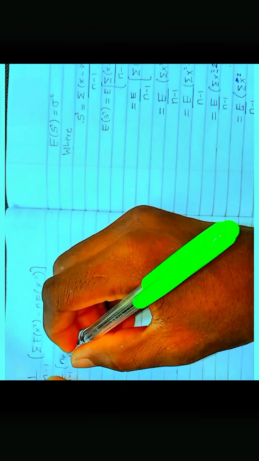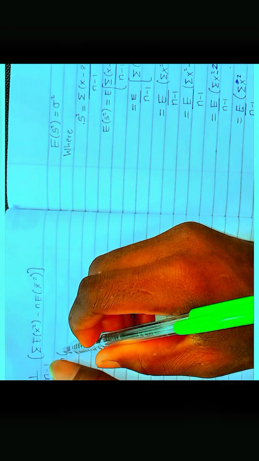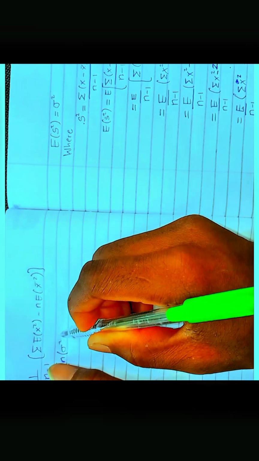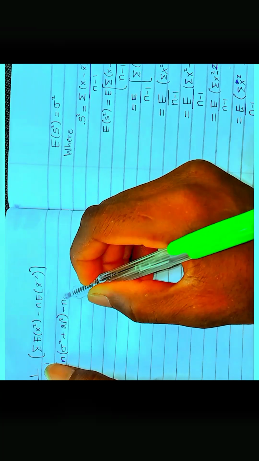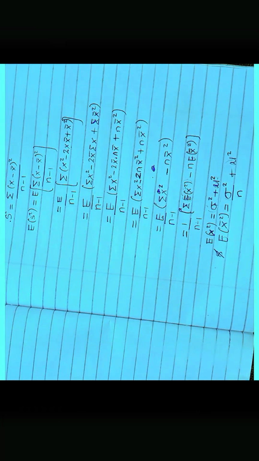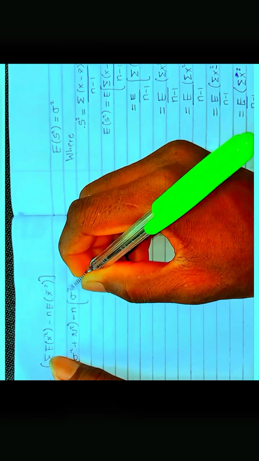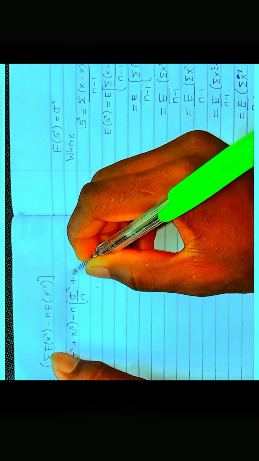So you substitute that in place of the expected value of x squared. You now have it as sigma squared plus mu squared, right? Minus n of this already. We say this is equal to this. So now have it as bracket sigma squared over n plus mu squared.